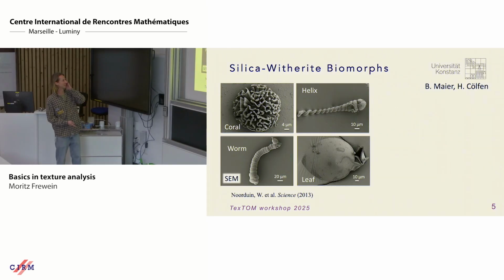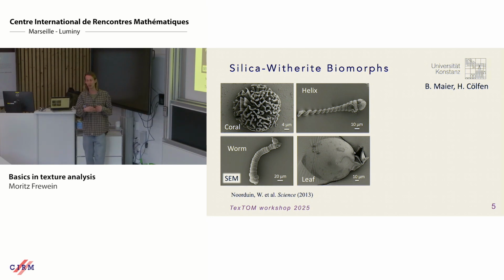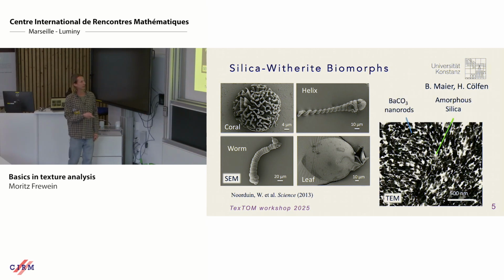Another material that I will show you, just because we will use it this afternoon, is silica biomorph. It's a completely inorganic material. It's synthetically grown, and it grows in these different shapes. So it makes very different shapes on a micrometer scale, and they contain these barium carbonate nanorods, which are embedded in amorphous silica.